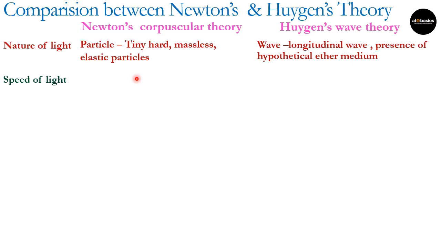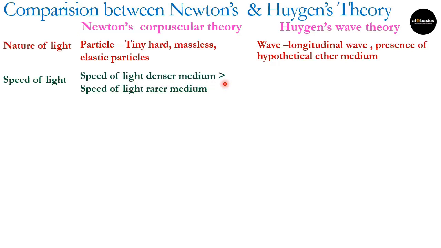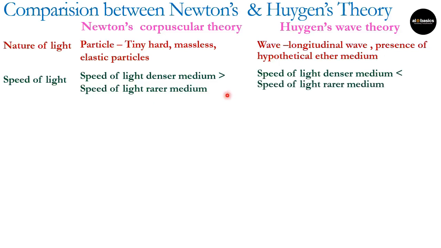According to Newton, the speed of light in a denser medium is greater than the speed of light in a rarer medium, whereas according to Huygens, the speed of light in a denser medium is less than that in a rarer medium. These 2 points are exactly opposite to each other.